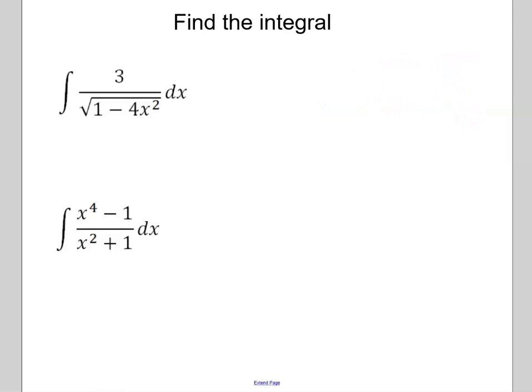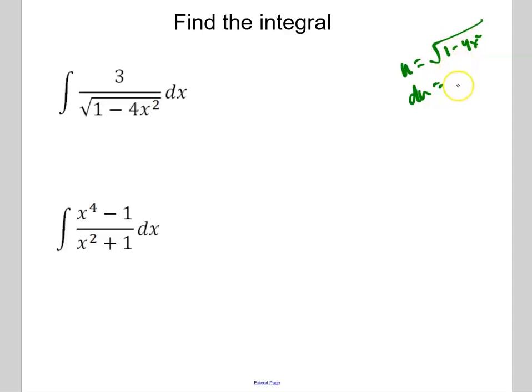Okay. So another option we had was we tried setting just the inside equal to u. That didn't work. Another thing we've done in the past is set the whole denominator equal to u. 1 minus 4x squared. Now in this case, my du is going to be quite nasty because I would have to do the chain rule.